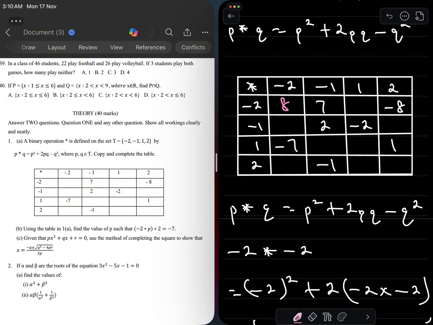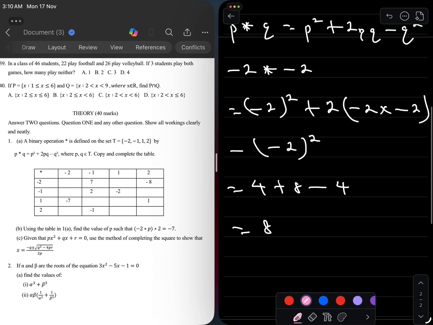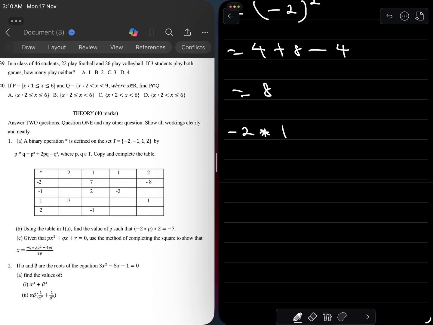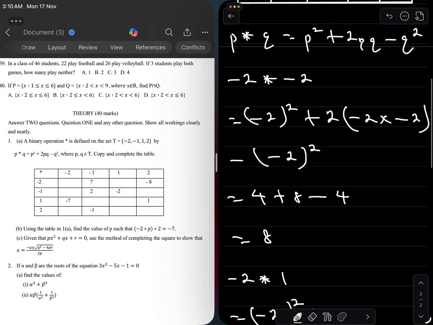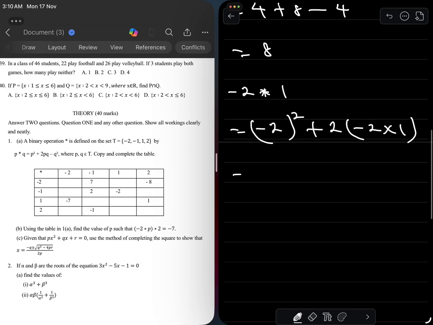Now to the next one, minus 2 asterisk 1. Minus 2 asterisk 1 will be equal to minus 2 squared, that's P squared, plus 2PQ, plus 2 into bracket minus 2 times 1, minus Q squared, that's minus 1 squared.